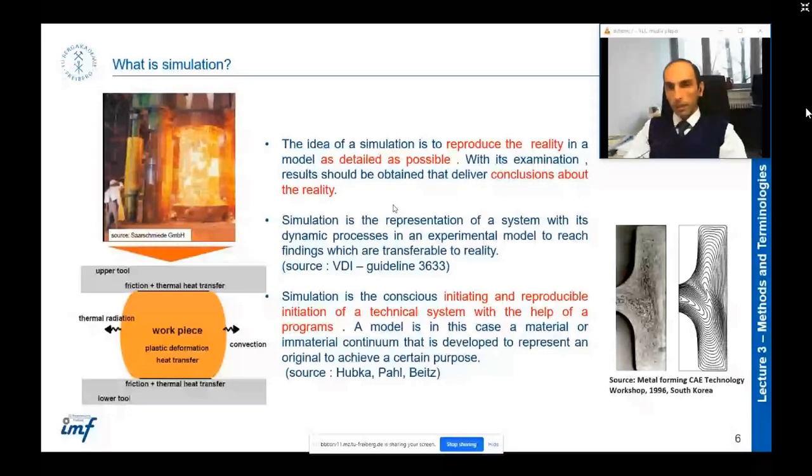I have marked some points in red because each definition looks at the simulation from a different perspective. In the first definition, reproducing the reality is important, and as detailed as possible.